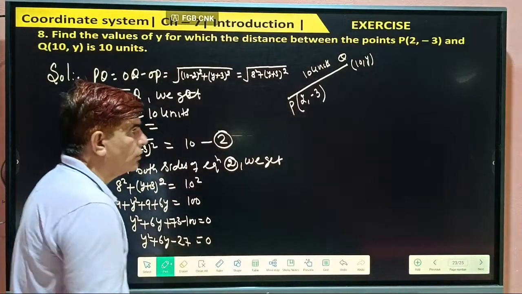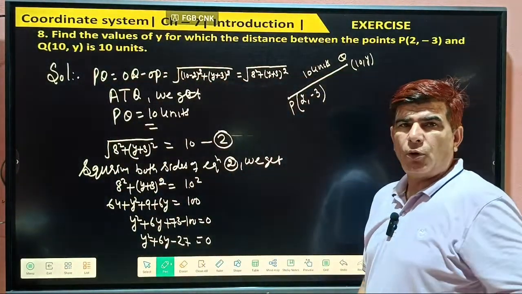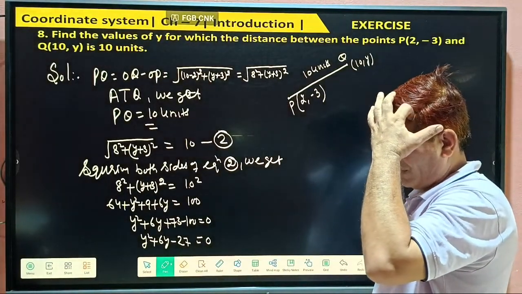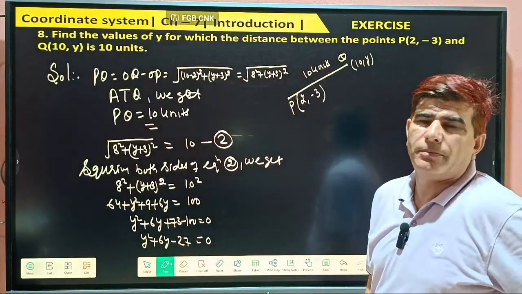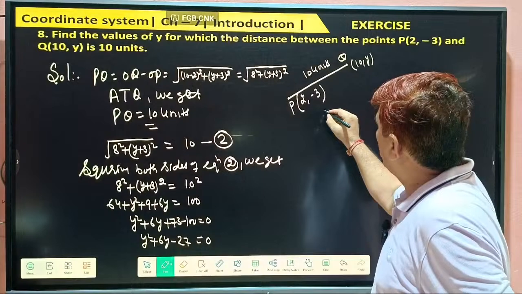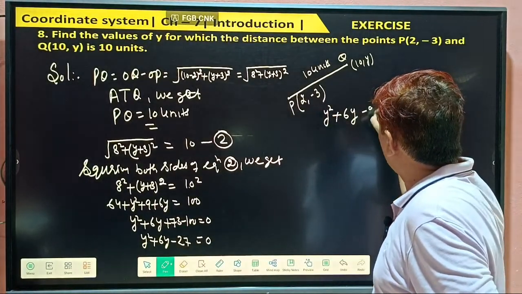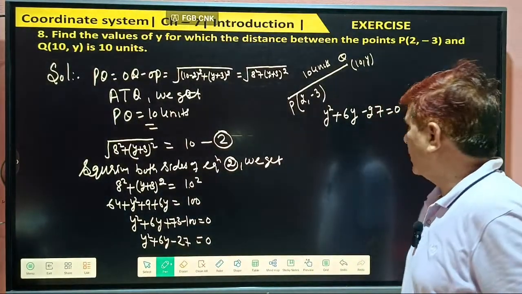Now we have to find the value of y. For this you have to reach the chapter of algebra, quadratic equations. So y square plus 6y minus 27 equal to 0. Make its factors.